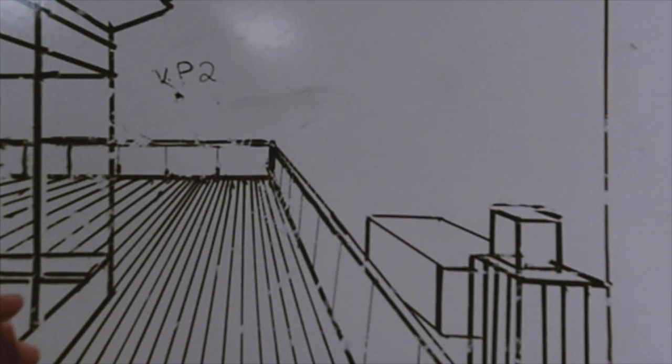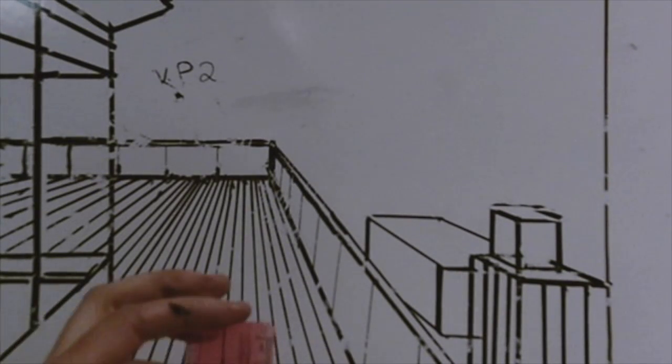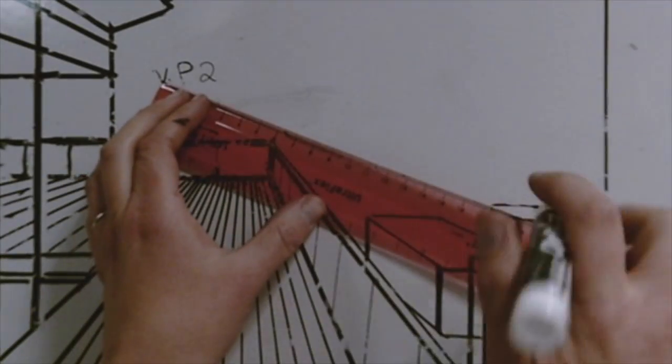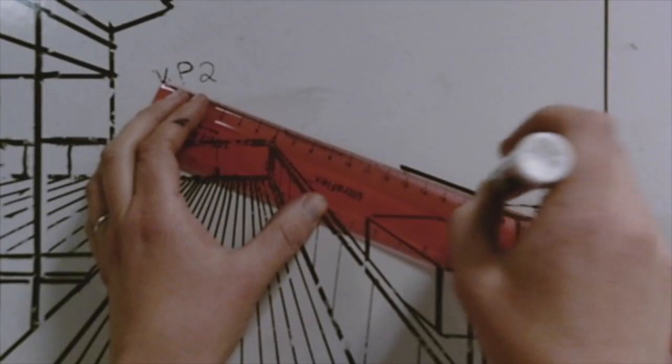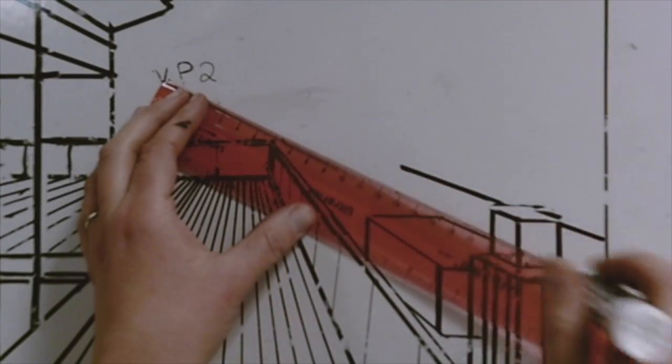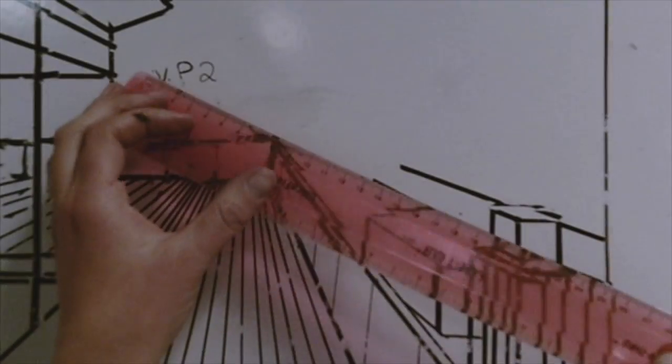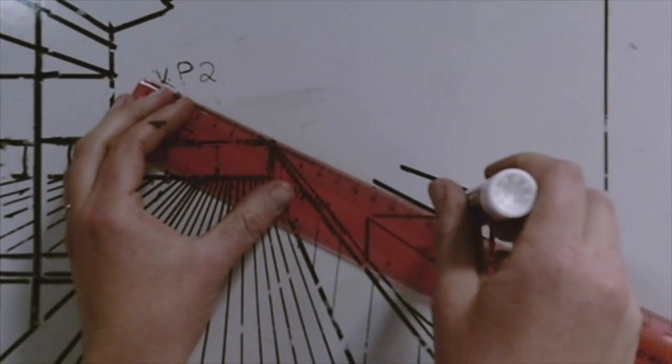It's the same exact thing where you're making it into kind of a cube. That's going to become a road back there.